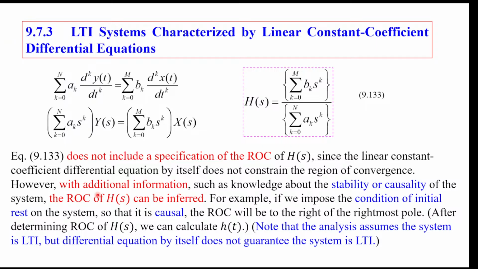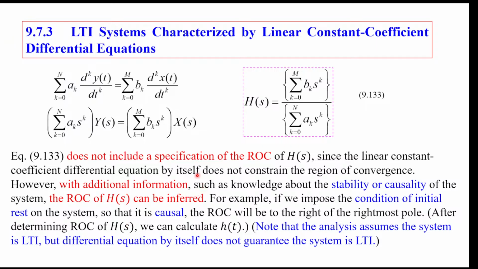That's consistent with our differential equation, because the differential equation by itself doesn't specify the whole system. So the auxiliary condition will tell you, hopefully making the system still LTI, and tell you the ROC. A good example of this is when you have the initial rest condition; we'll prove that the differential equation with initial rest condition is LTI and causal.